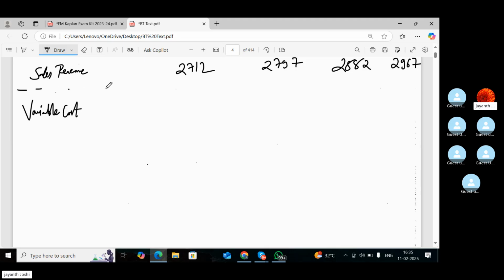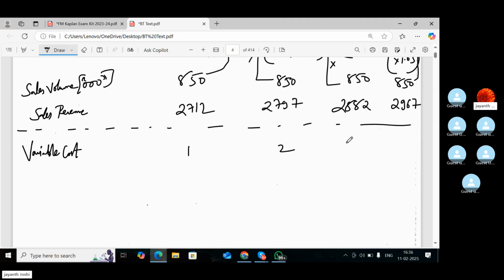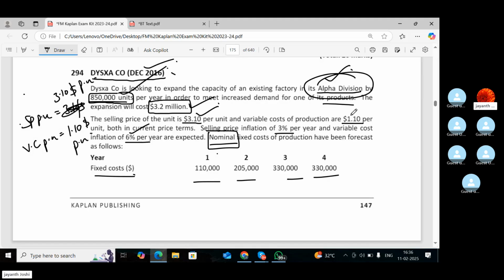Variable cost. So we will close the working notes in this way. See, variable cost, again, you have to take years 1, 2, 3, 4. So 4 years again. And you know, variable cost per unit is given to you as 1.10.